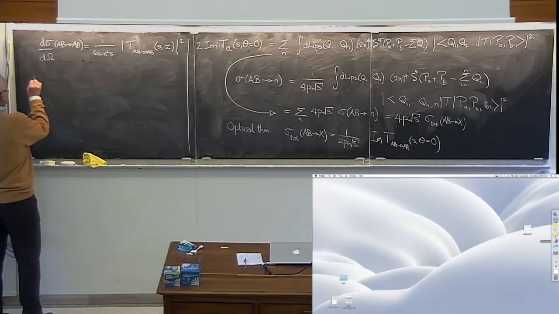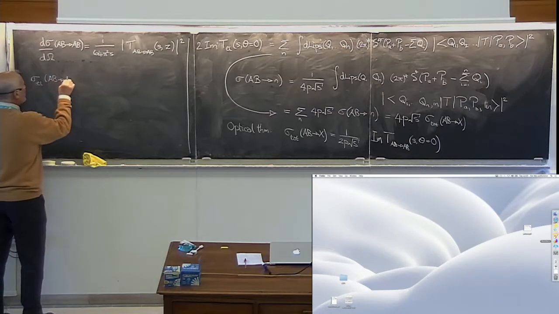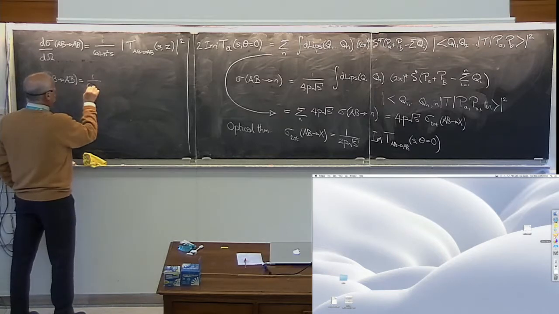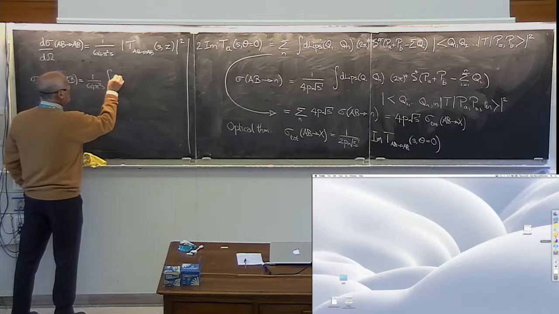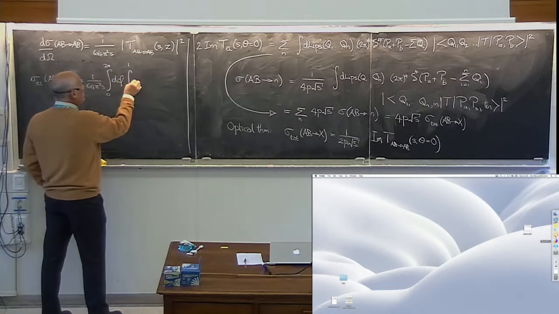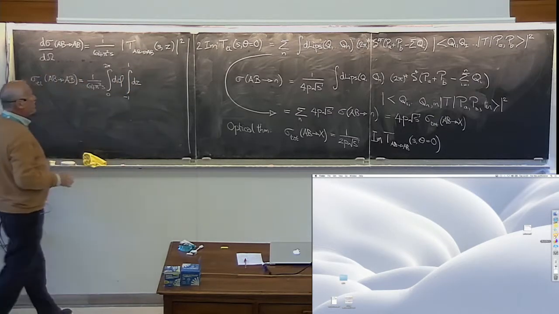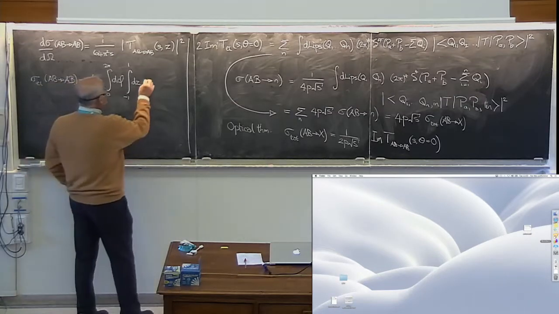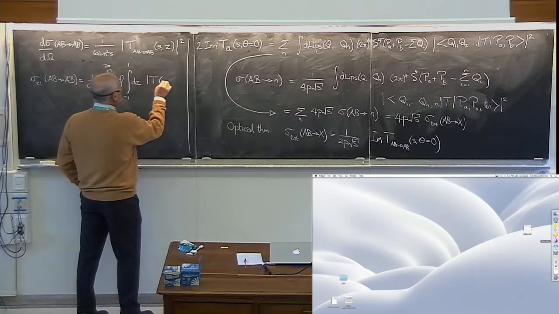So what we're going to define is the cross-section which is called the elastic cross-section, AB goes to AB, so that's what elastic means here, which is equal to 1 over 64 pi squared s, the integral over omega, which means over the azimuthal angle, the integral over cos theta, which goes from -1 to +1, or the angle theta goes from 0 to pi, and the modulus of this amplitude.